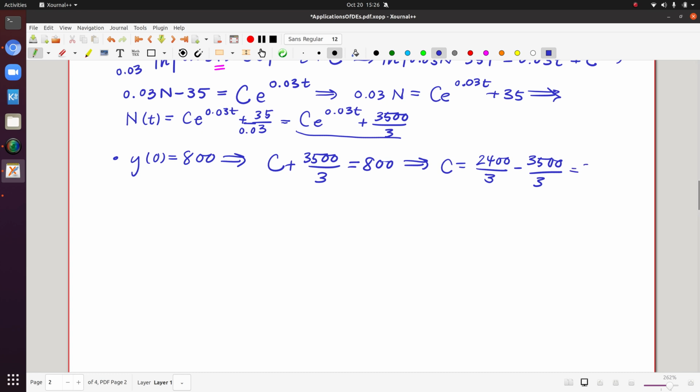And this is negative 1,100 over 3. That's our c value. So n of t is equal to negative 1,100 over 3 e to the 0.03t plus 3,500 over 3.